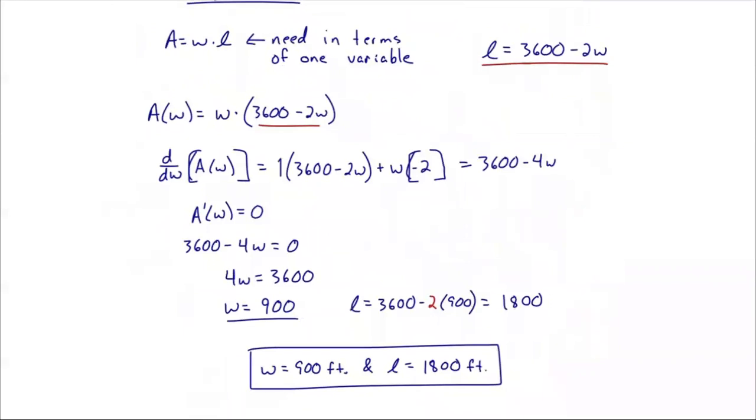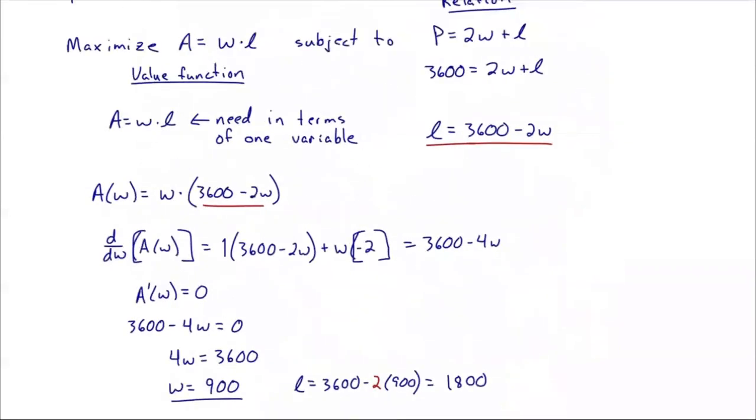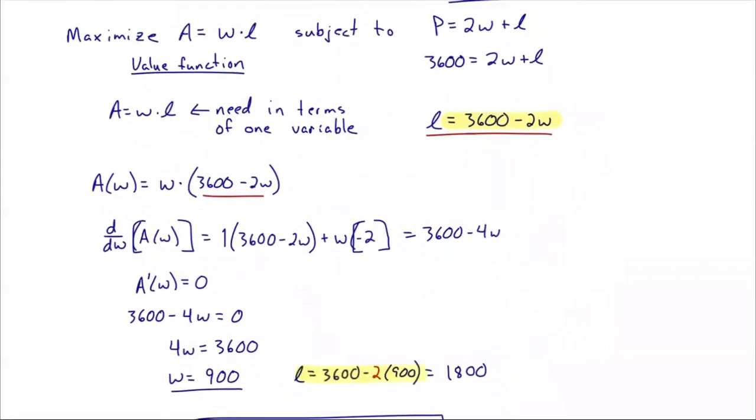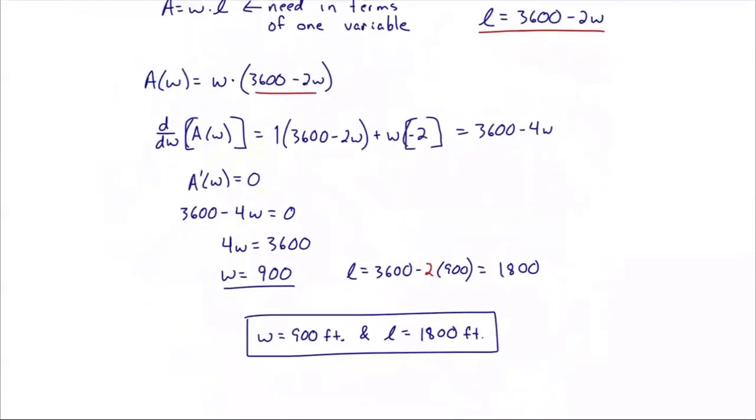And it looks like the length should be, well, how do I find the length? I go back to the substitution formula that I came up with, and I can find my length by plugging in my width of 900. So 3,600 minus 2 times 900, and that's 1,800 is the length. So it looks like the dimensions that maximize this are 900 feet and 1,800 feet. What is our maximum area?